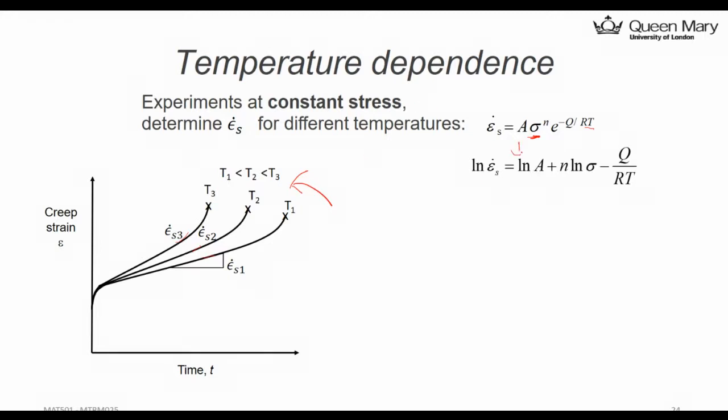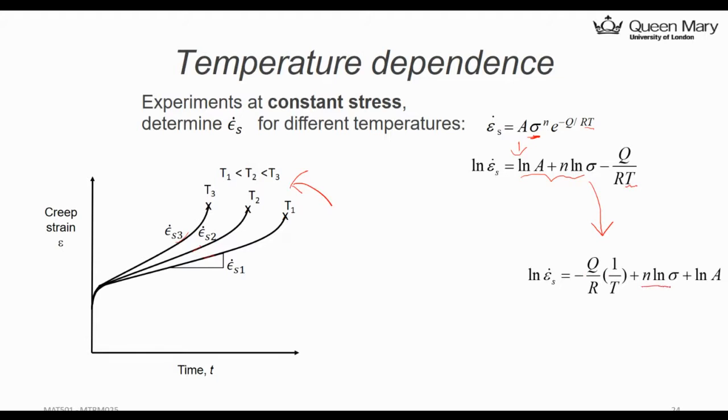This is the exact same equation I did before, but the variable here now is T, temperature, and all this part is constant. So let's rearrange the equation, just to make it more explicit.